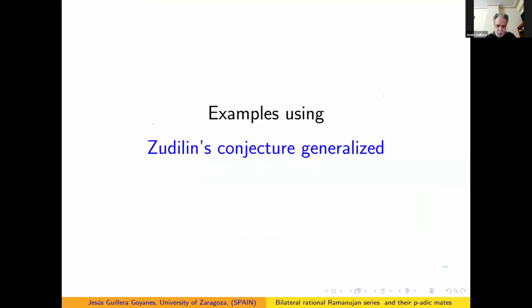Well, we begin showing examples using Zudilin's conjecture generalized.